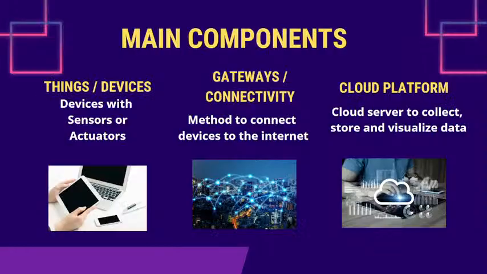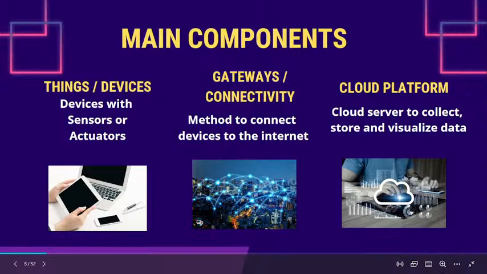Okay, as we discussed in our workshop 1, the introduction to IoT workshop, we discussed the main components of an IoT system, the IoT architecture. There we mainly discussed three components. The first is the things, which are the sensors or actuators. The second component is the connectivity, the gateways or the mode of network.